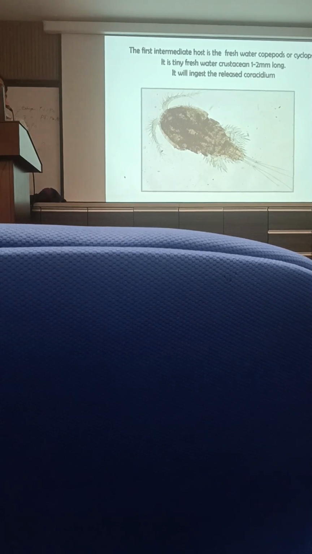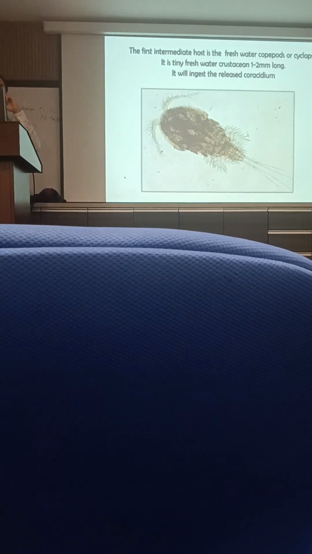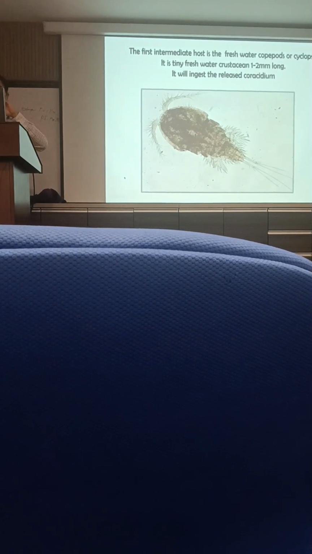Small fishes, right? Minnows and so on. Like ikan bilis lah, but ikan bilis is marine, this one is in fresh water, right? Minnows usually. So these small fishes, right? It will develop into plerocercoid larva, right?